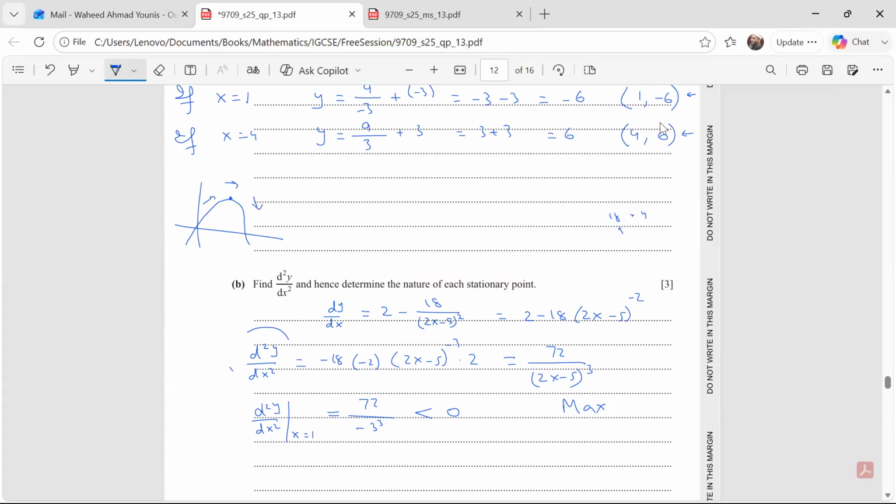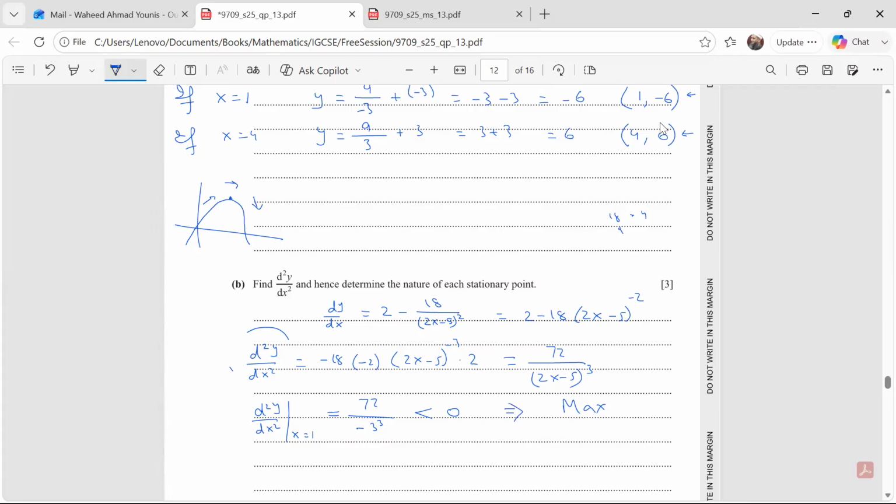So how is the slope changing? It is becoming less and less, right? That's why the second derivative, which is the rate of change of the slope, is negative. So whenever the second derivative is negative, this corresponds to a maximum point.